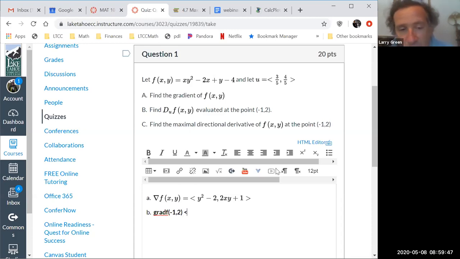Now that just says plug in -1, 2 into our gradient. So y is 2. So 2 squared minus 2 is 2, comma. And here we have 2xy plus 1. 2 times -1 times 2 plus 1 is?